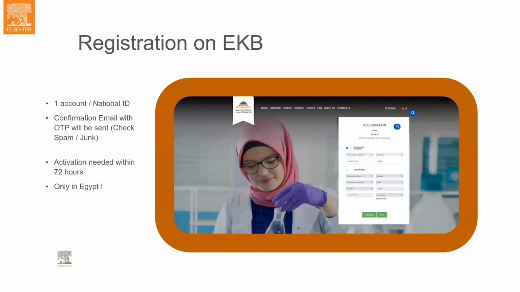So you'll receive a password that will be used only once, and you have to use it to sign in within 72 hours of registration. If you do not activate your account within 72 hours, then your registration is canceled and you have to register again. And one thing you need to remember is that the entire platform of ekb.eg is only accessible in Egypt.